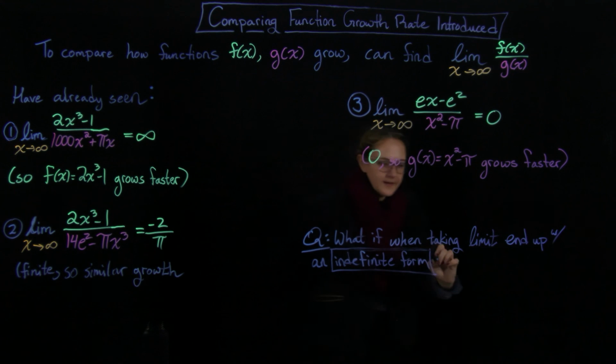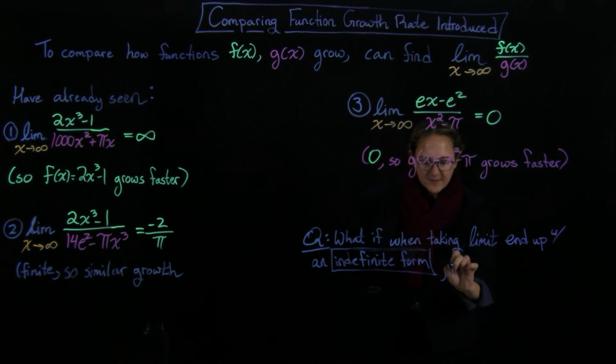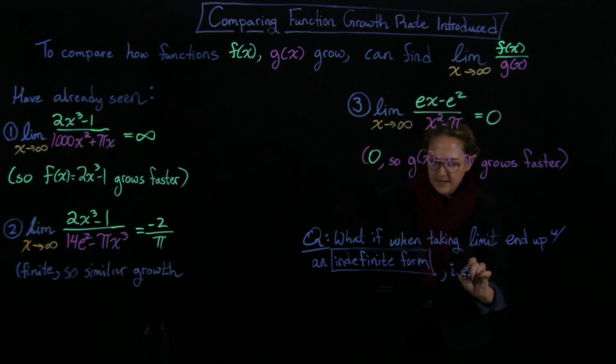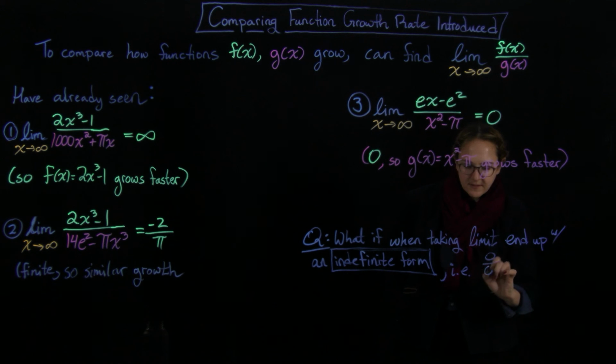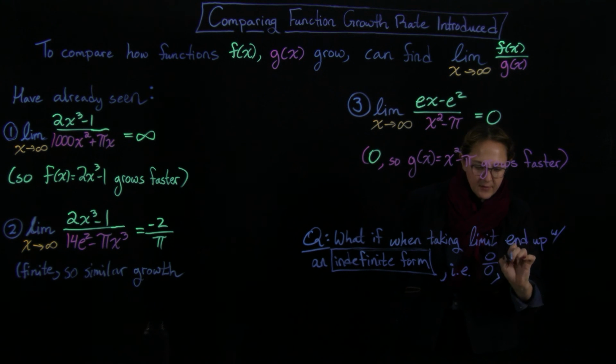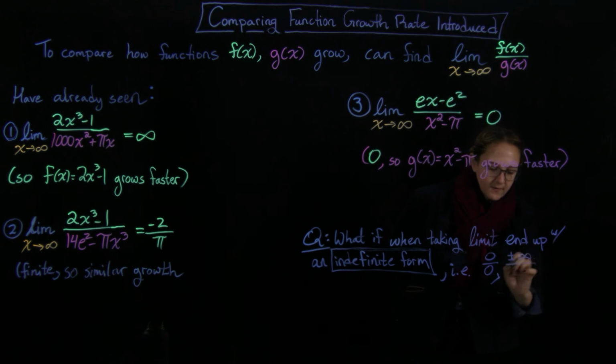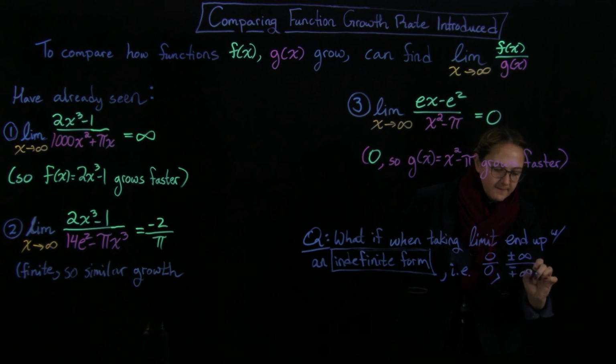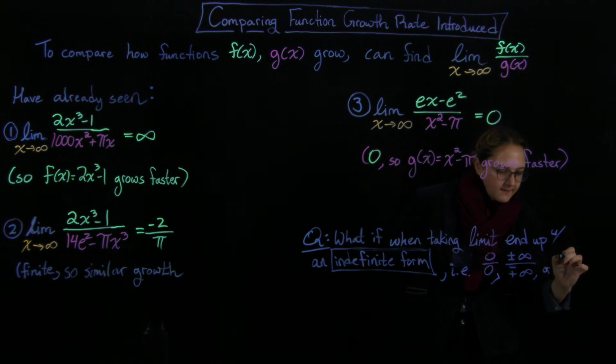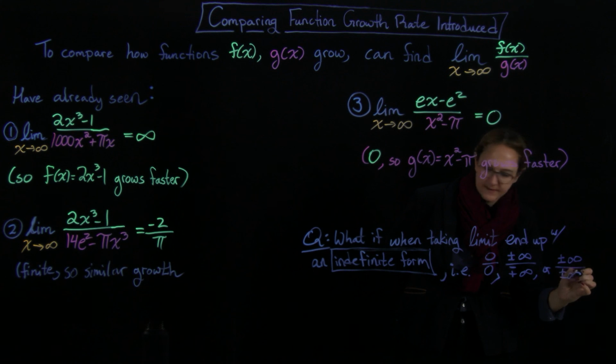So what are some indefinite forms? Here are some. We could have 0 over 0. We can have plus or minus infinity over minus plus infinity. Or we could have the signs of the infinities be the same. We'll go over that more in the next lecture.